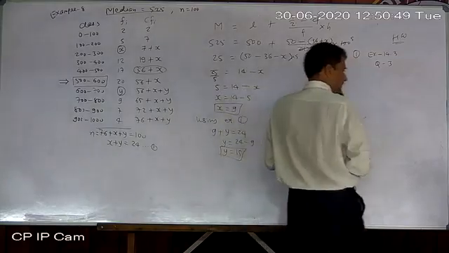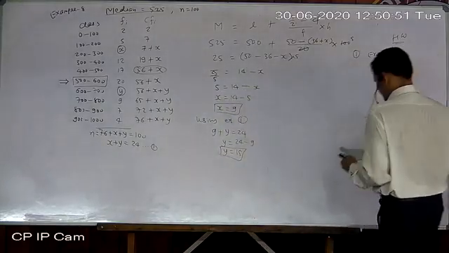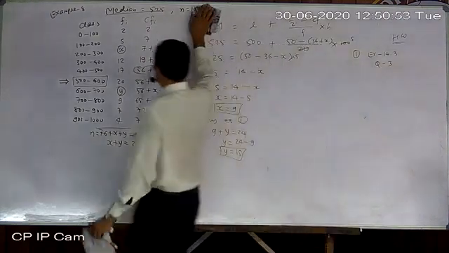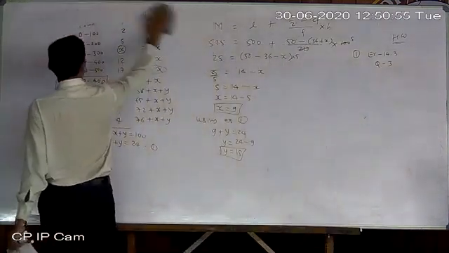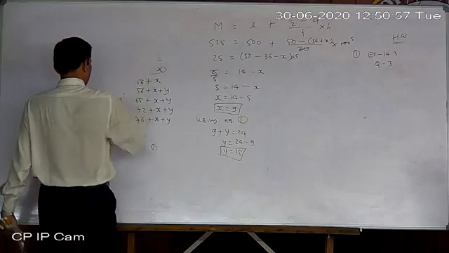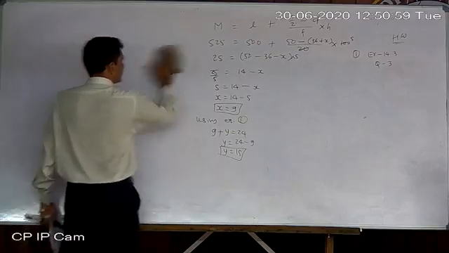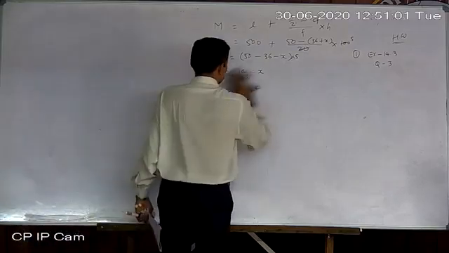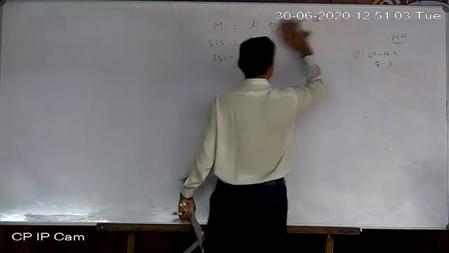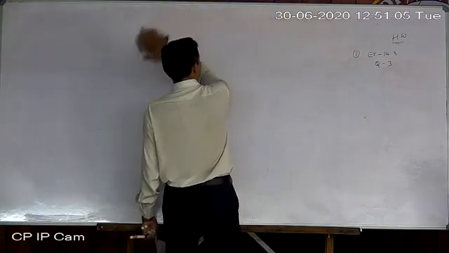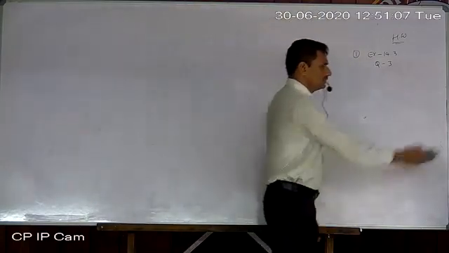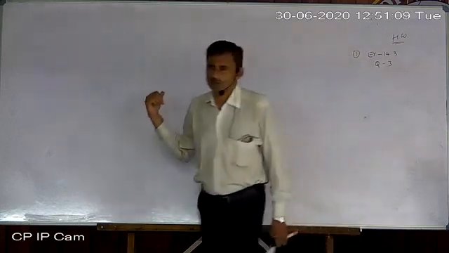Now we start the second sum. If one frequency is not given, means one frequency is missing in a median sum, then how to proceed? The process will be the same only.